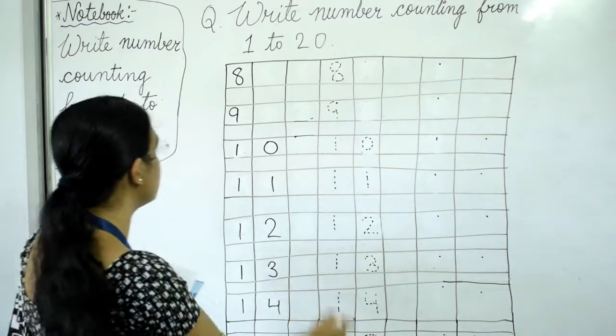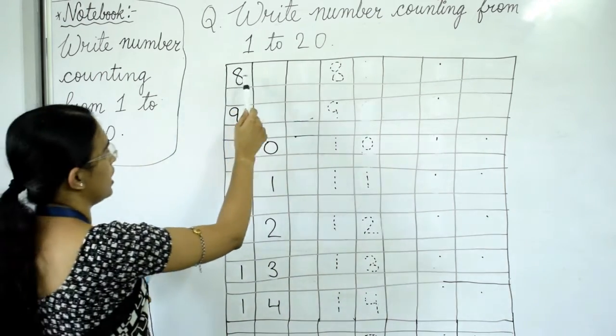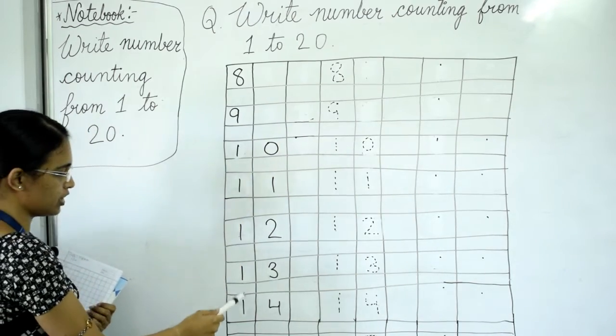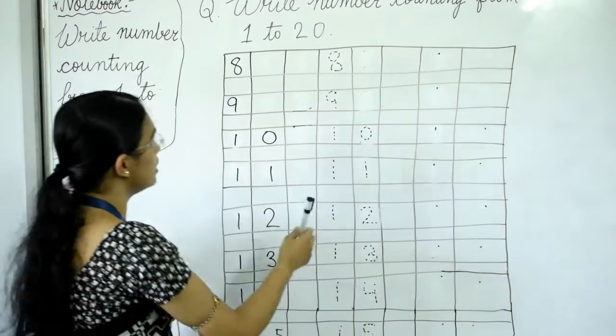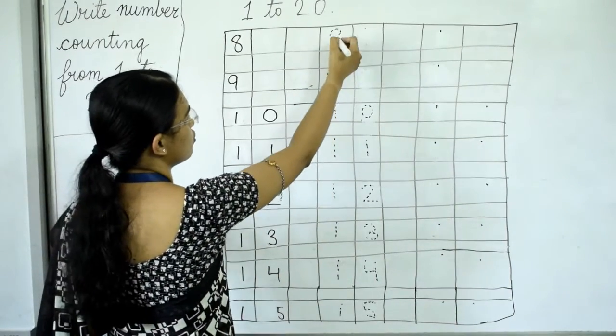Okay, now we will start on another page from 8 to 15. Now 8 9 10 11 12 13 14 15 is already written here. Now in this row we have to trace the numbers.